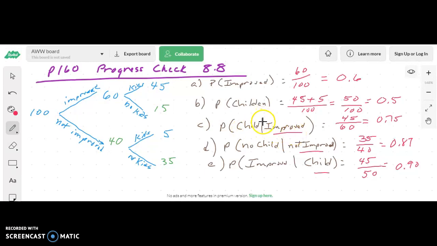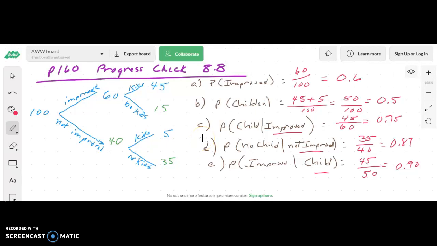I tend to use this little symbol here of the slash, where I have the initial, again, favorable outcome, the probability that they have a child, given that it's out of the population of those who felt that it was improved. So it's out of a smaller group now. So 45 divided by 60 gives me the 0.75.